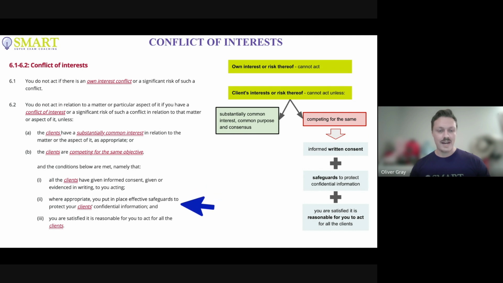We also then need to put in place appropriate safeguards. That might be having different people dealing with it. It's not really appropriate, even in those circumstances, to have one solicitor doing all the work for both sides. So you may perhaps have a physical distance there. Maybe your firm has two offices and you have one deal with the buyer, one with the seller. And then we also need to be satisfied that it's reasonable for us to act.